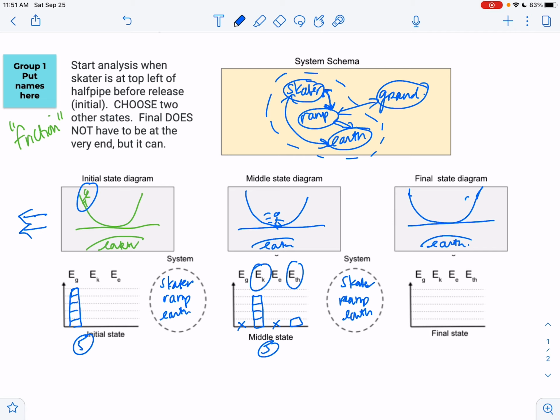And then the next position I'm going to pick is maybe like the top on the other side, okay? Right? And if I already had 1 bar of thermal energy, I have to keep it, okay? Because the thermal energy can't go back and transfer to something else. It's just kind of wasted, right? It just sort of made everything in the system a little bit hotter. And you can't really harness that energy to transfer it to something else, okay? Right?